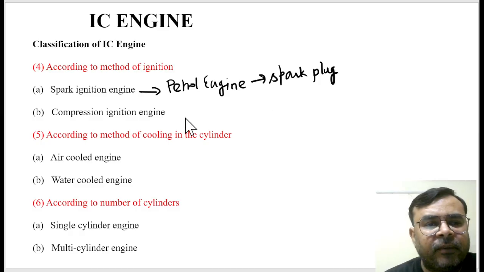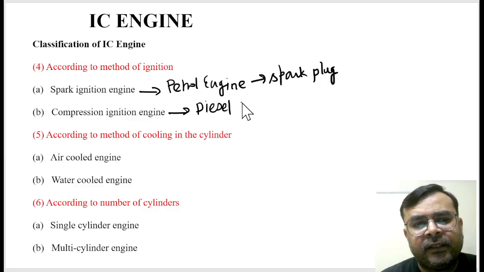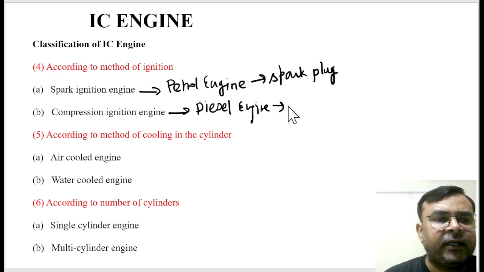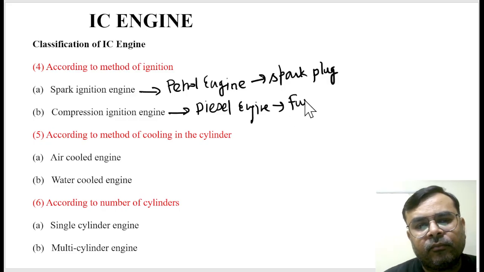Here we have a spark plug. And the compression ignition engine is called the diesel engine. Diesel engine. Is it right? And in this, basically, we have a fuel pump.